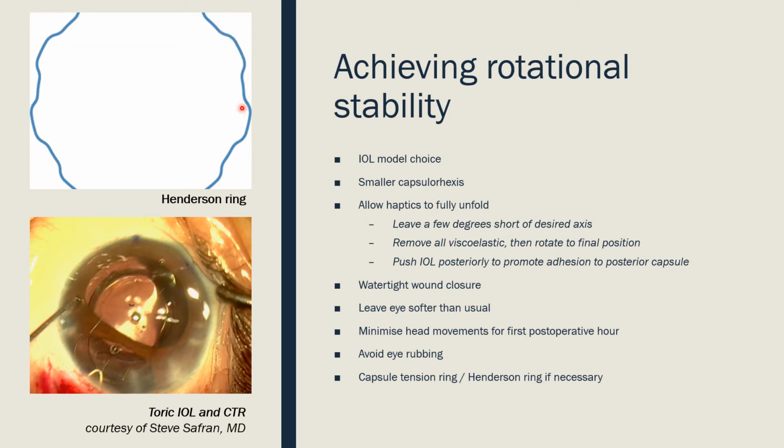And both of these act as mechanical impediments to IOL rotation. You can see here, this is a picture that was from Steve Safran in New Jersey, and it's a complicated case obviously, but it's just showing how the modified CTR that's in place is actually serving as an impediment to the lens rotating.